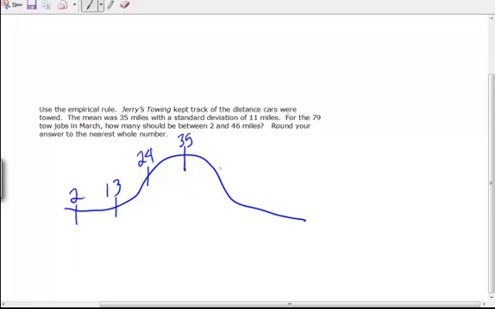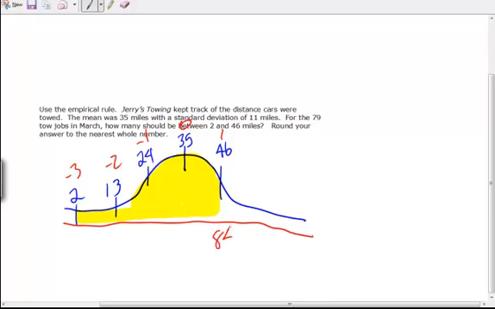Add 11, we get 46. We want to shade from 2 to 46. And when we shade those sections, if you recall, 0, -1, -2, -3 z-scores. This is +1. +1 is associated with 0.84. -3 is associated with 0. So 0.84 minus 0 is 0.84.